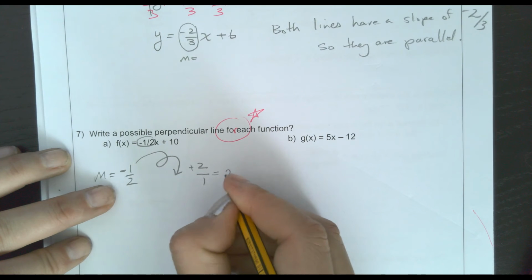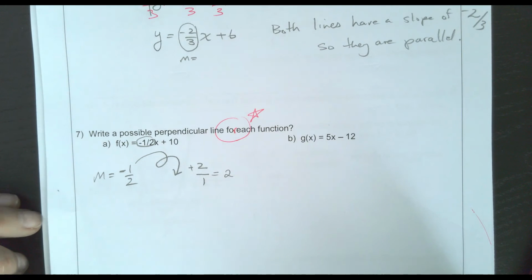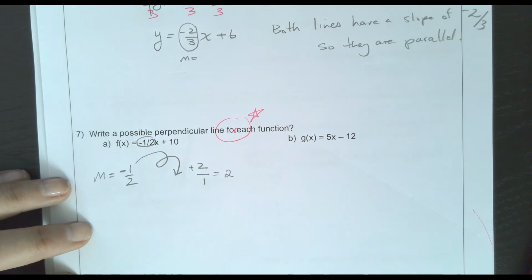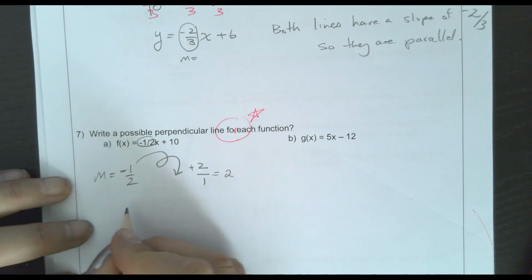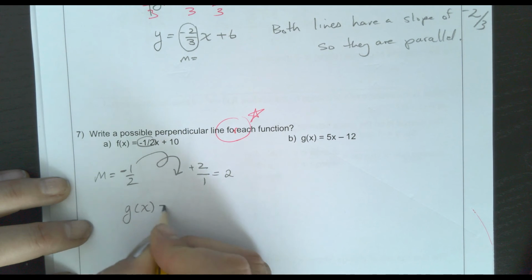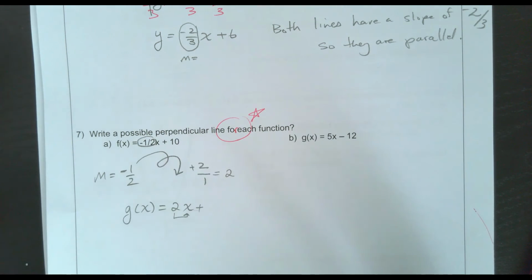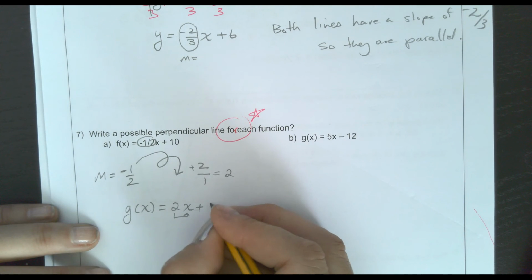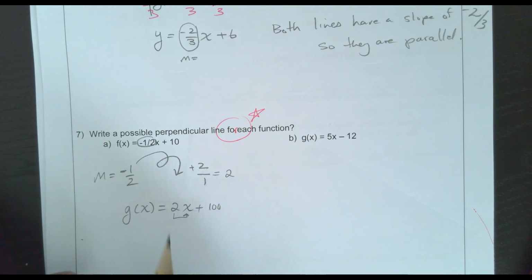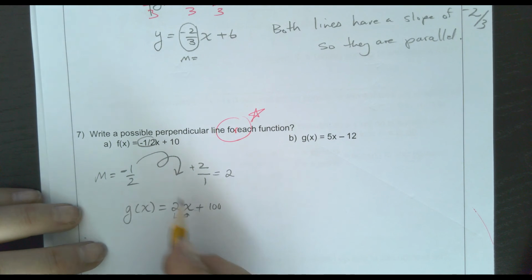Well, that's really just equal to 2, because 2/1 is the same as 2. So let's call it g of x. I put my slope in. It always goes next to my x, and then I pick any number for the y-intercept. I'm going to pick 100. There. This is perpendicular to this.